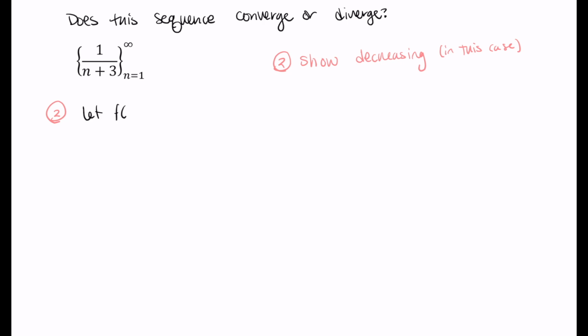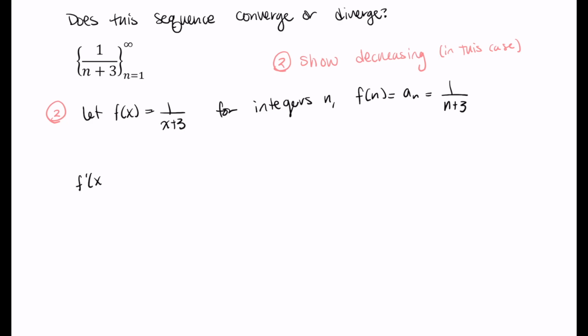So let f of x equals 1 over x plus 3. Clearly for integers n, f evaluated at n is just equal to our sequence. All right, so let's look at the derivative of f. Well, this is equal to the derivative of x plus 3 to the negative 1 power.